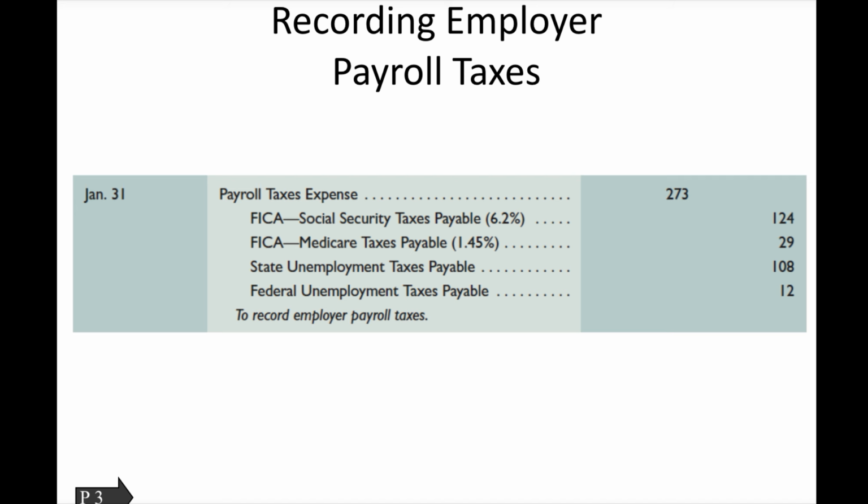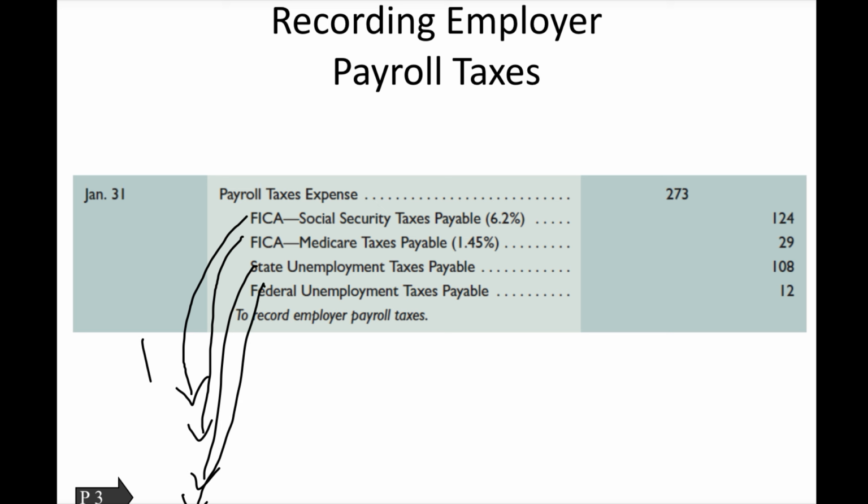And when we go to pay this off, all of these become my debits. And then I would just have a credit to cash for the total amount. Okay? And that's how all liabilities function. You have a credit that captures the initial liability when it's incurred, and then to reverse out those liabilities when we pay them, we'll have a debit to each one of those accounts for that same amount, and then a credit to cash for the sum total.